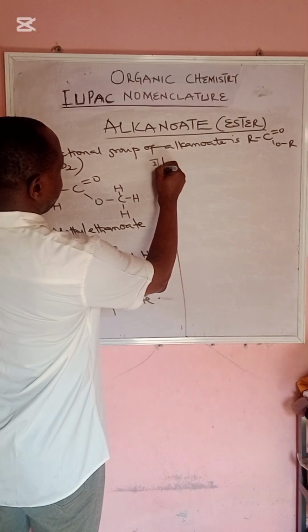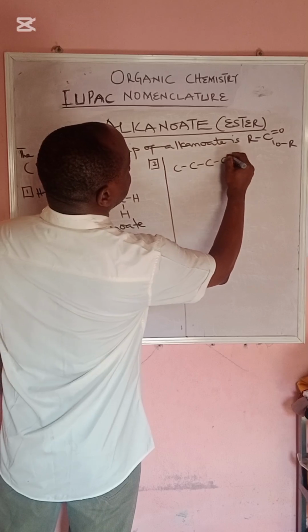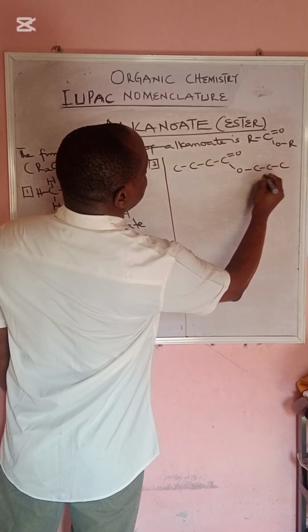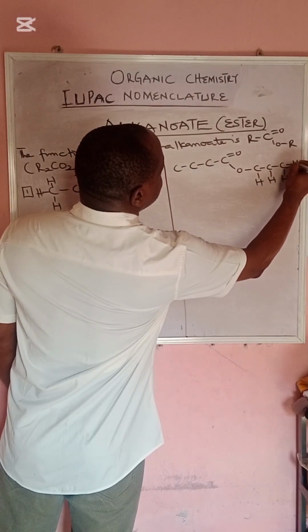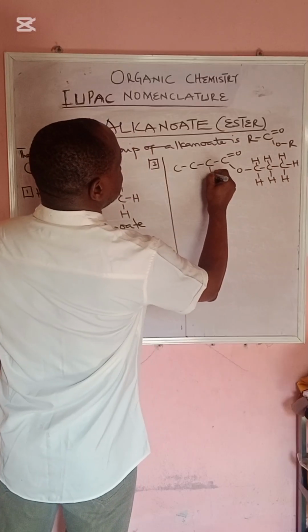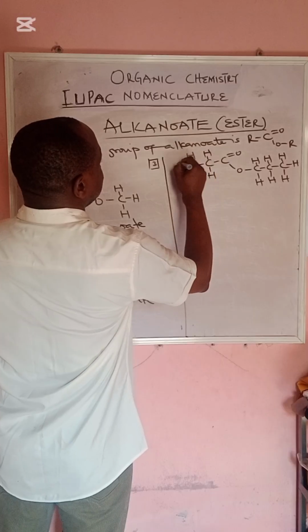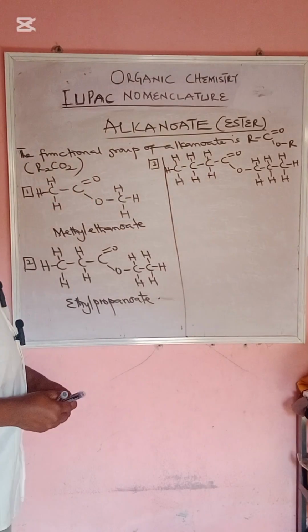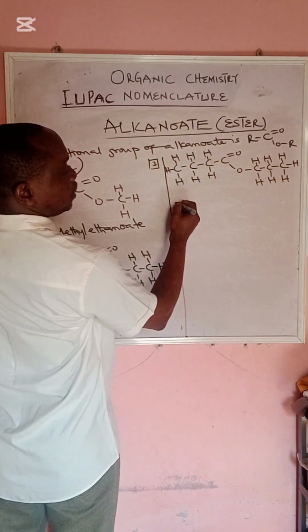3. Let's say you have 1, 2, 3. You have something like this, with H, H, H, H, H, H, H. So here you start naming from here. 1, 2, 3, that is 3, 4.